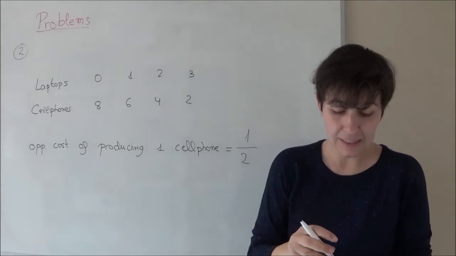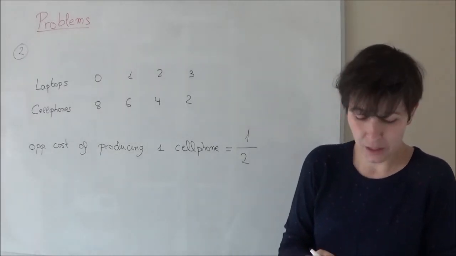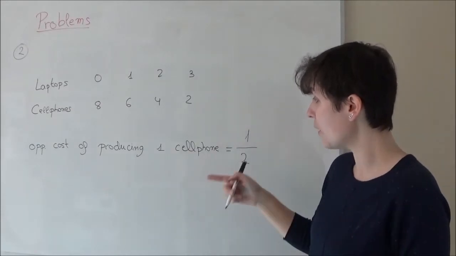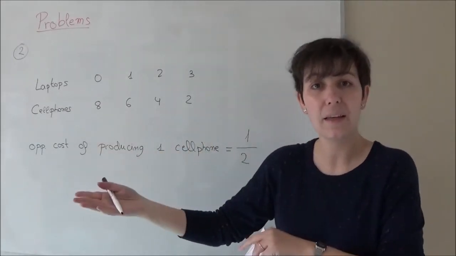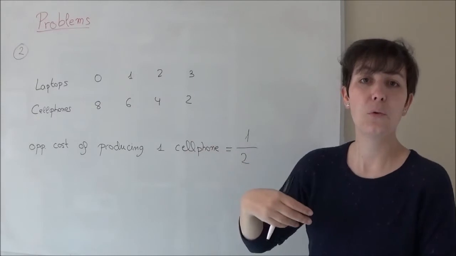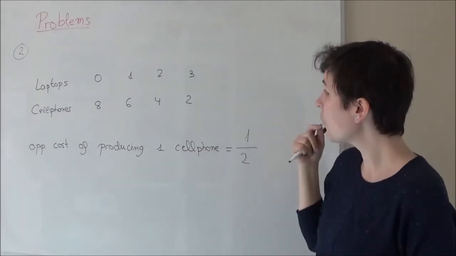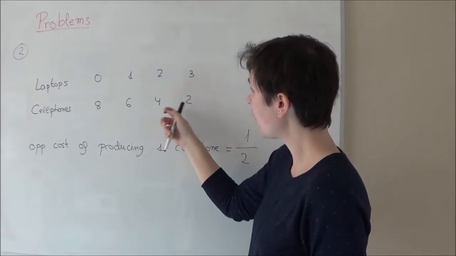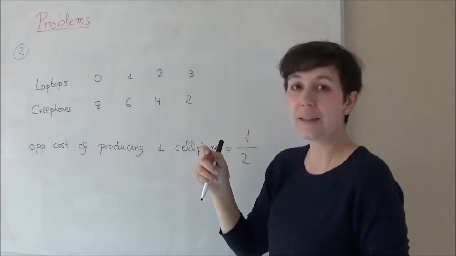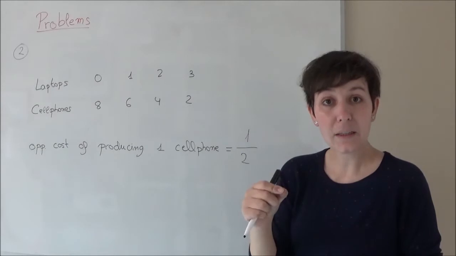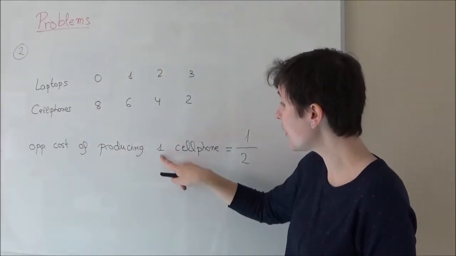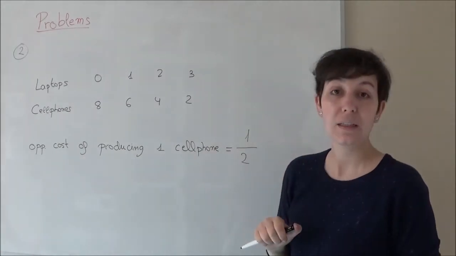But even in the case that you don't see that, you can get the actual opportunity cost of producing 1 cell phone instead of getting the other opportunity cost and then doing the inverse value. How is the way of getting that? Well, you can choose any 2 points or combinations and then evaluate how the laptop production changes when you increase by 1 unit the cell phone.